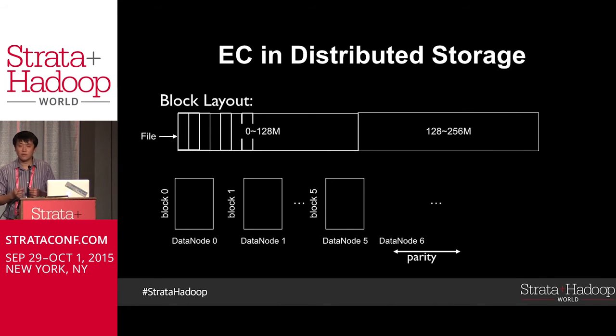But your logical file has to have 6 units of logical size. So block 1, block 2, block 3, all the way up to 6 blocks. And then to write the parity, would that go into a 7th block? No, it would be 9.